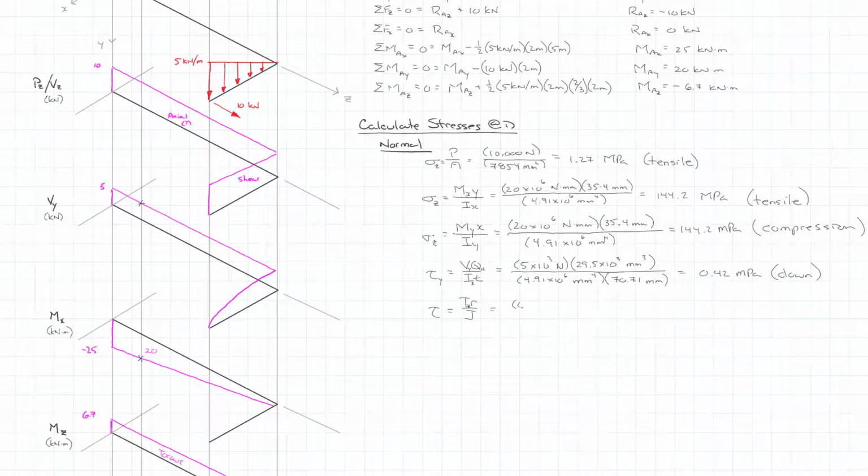We have a value of 6.7 times 10 to the 6th newton millimeters, times our radius, which is 50 millimeters, all divided by J, which is 9.82 times 10 to the 6th millimeters to the 4th, and that's equal to 34.11 megapascals.